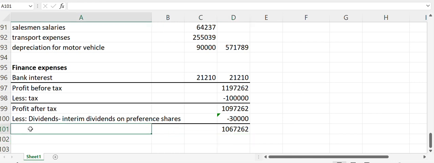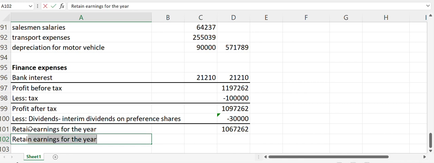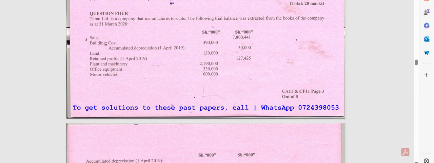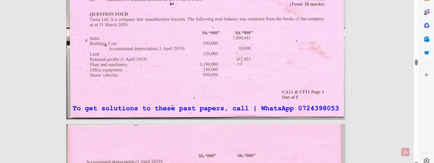So we call this retained earnings for the year. Then we can now also add the retained earnings brought down from the previous years, and that one is there. Here it is, 1st April, it is 127,425.